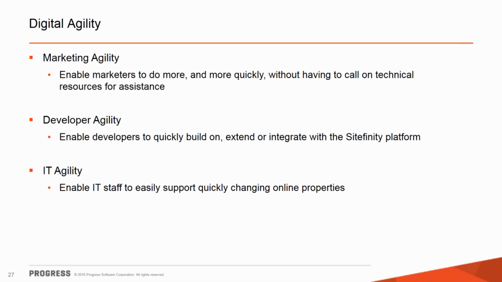And obviously, when you've got a great developer or a great technical resource, many people are asking them for help. So if a marketer has to put in the request, they might not be number one in that queue. They may be number 10, 11, 12, 13, 14, or 15 on that queue, and that hampers their agility. On the flip side of that, a developer wants to be able to do the more interesting jobs, and enabling the marketer to do a lot of the day-to-day work helps that out.